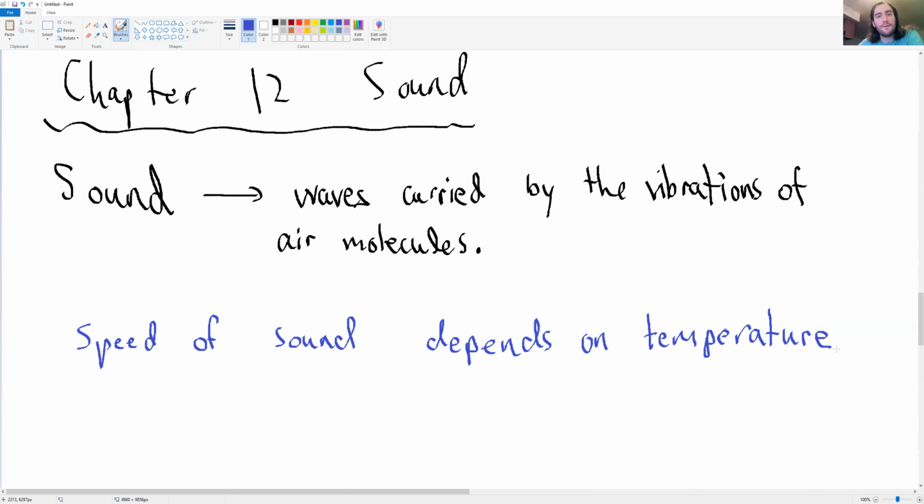Now, we don't have to have a theoretical description of why sound depends on temperature. We could simply perform some experiments and see how sound depends on temperature, right? If I have a cold room and I make a sound on one side of the room, and that sound is then detected on the other side of the room, I can measure the speed of sound there by knowing when the sound occurred and the difference in time it takes to measure that sound on the other side.